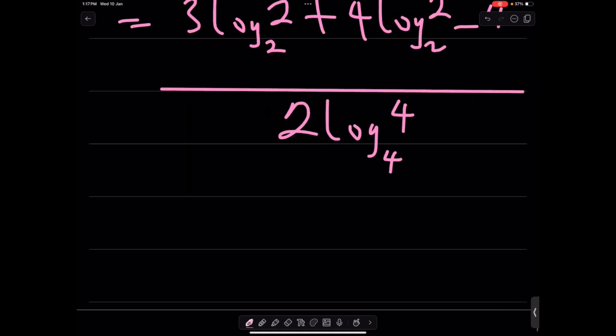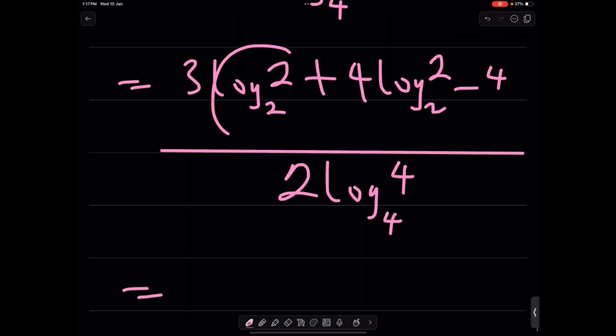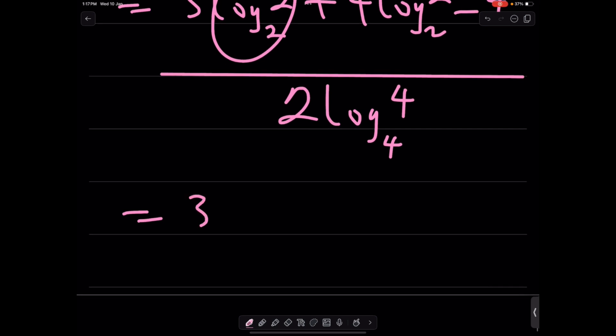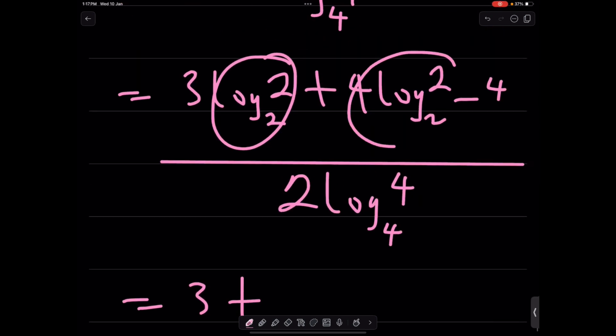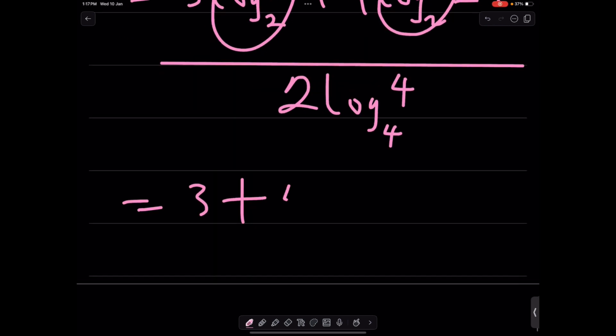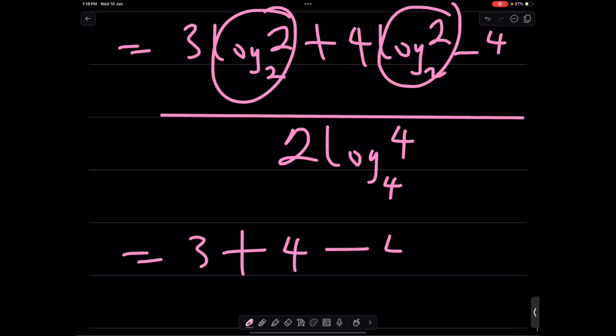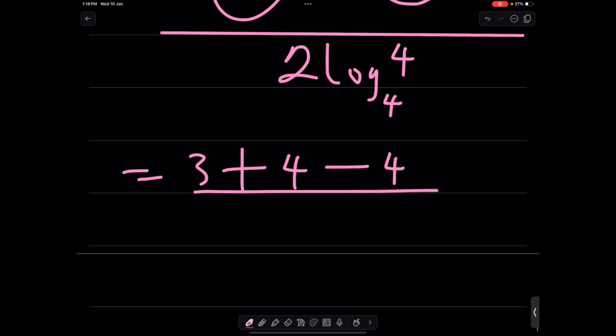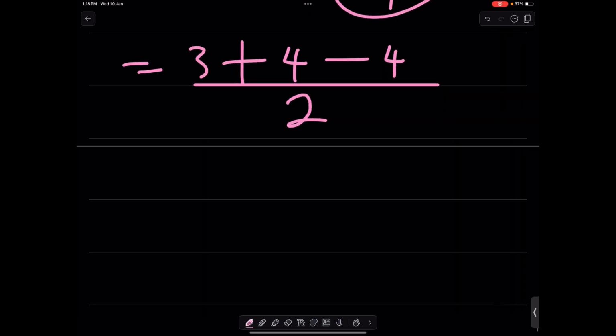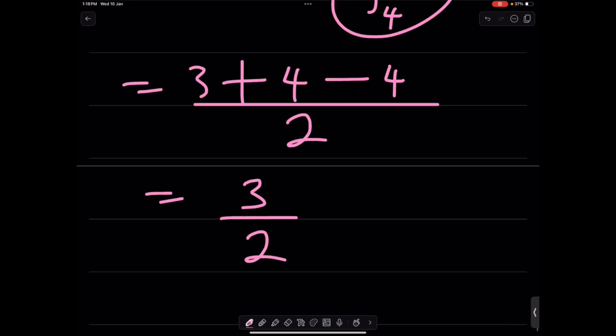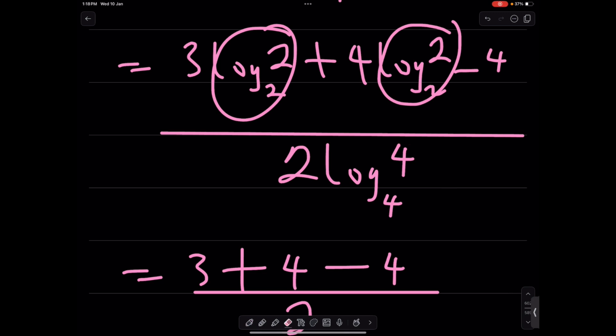That's the same as log 2 base 2 is 1 times 3, that's 3, plus log 2 base 2 is 1 times 4, that's 4, minus 4, all over log 4 base 4 is 1 times 2, that's 2. That's equal to 3 plus 4 is 7, minus 4 is 3, and that's 3 over 2. And that's the answer. Very, very simple.